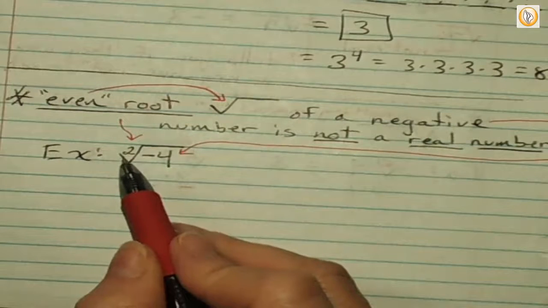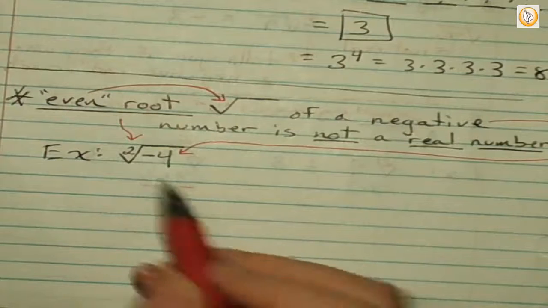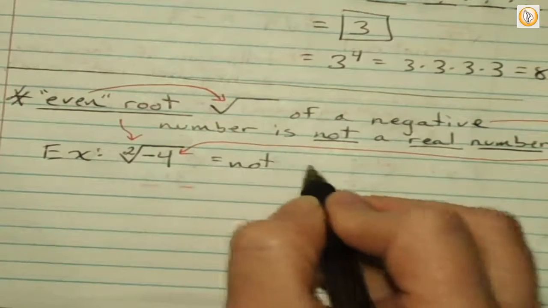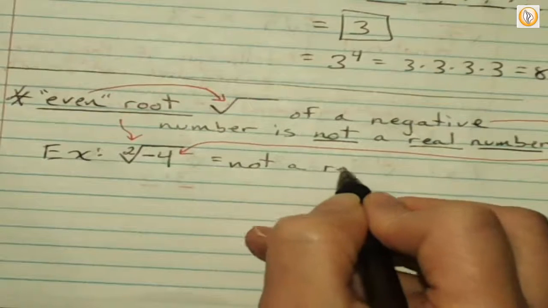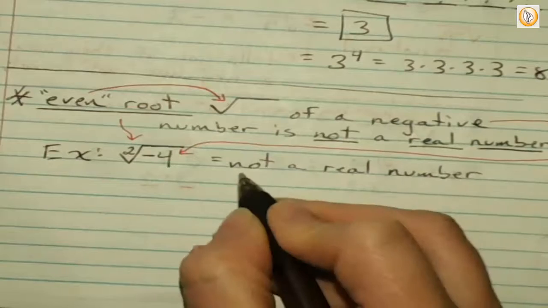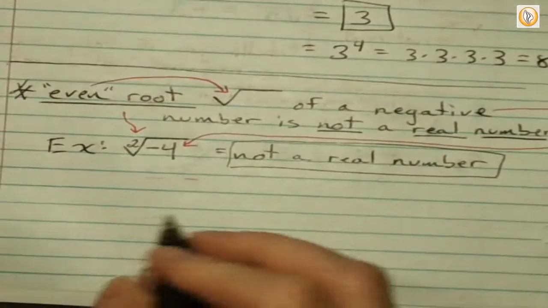Okay, so my root is even. I have a negative radicand. That is not a real number. And let me show you why. This would be your answer: not real or not a real number.